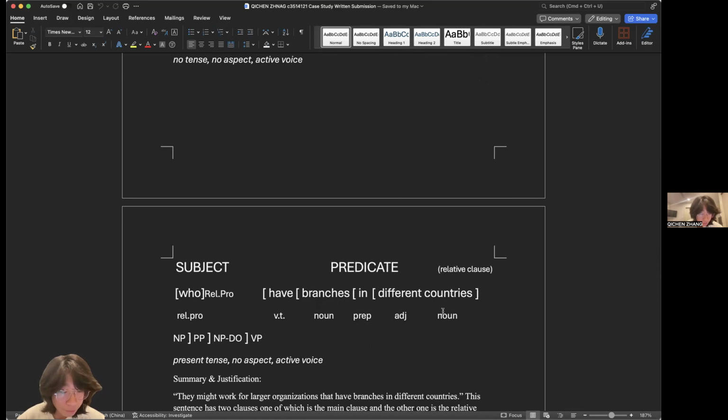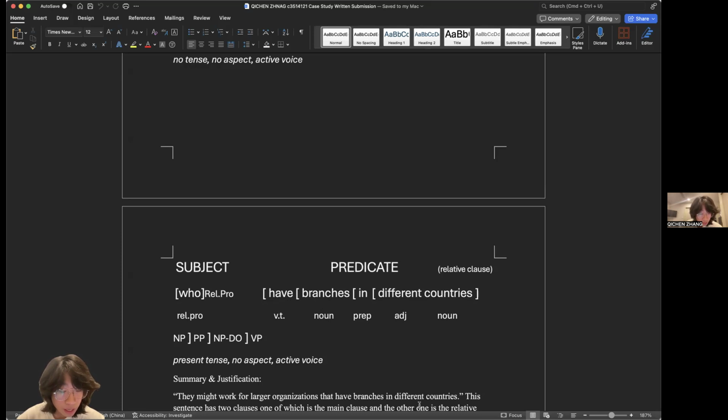Not only the identification of referential relationships, for example, who and organizations, but also understanding the structure of the subordinate clause and the hierarchy of dependence between the main and the subordinate clause have to be analyzed.